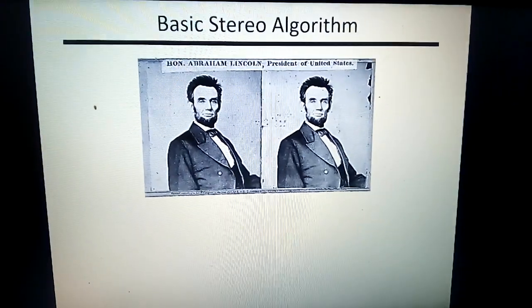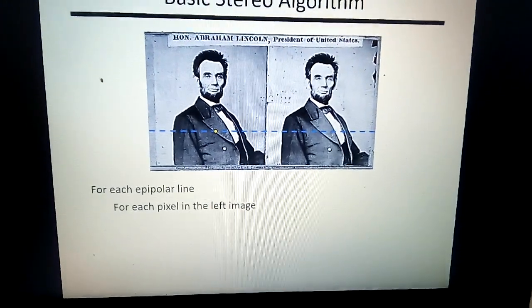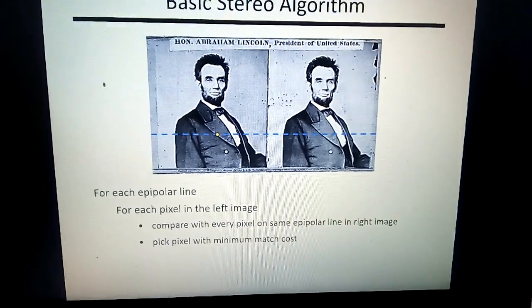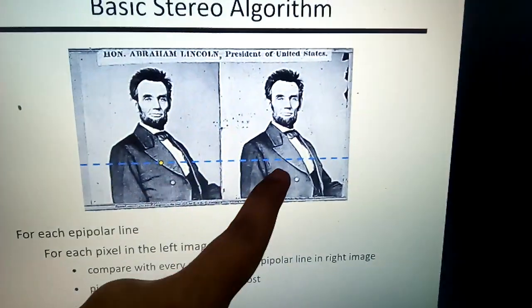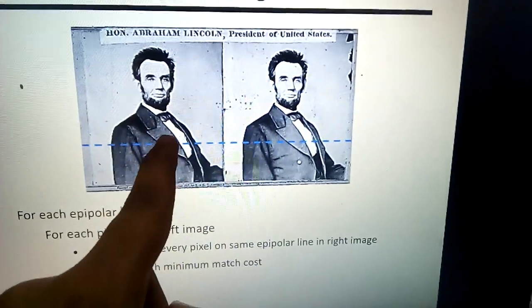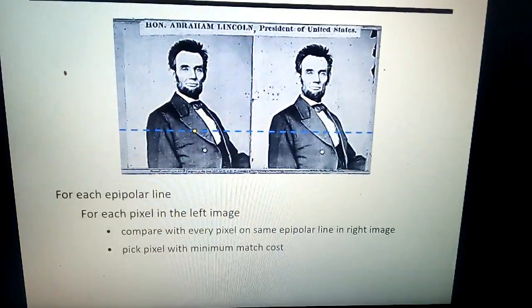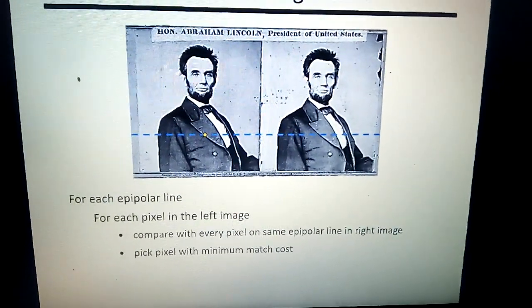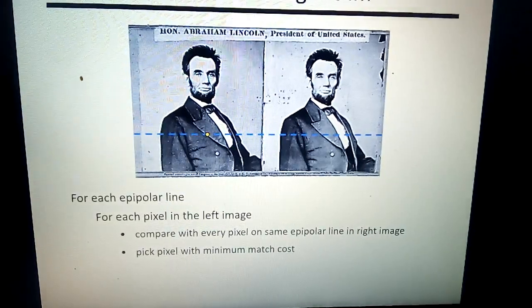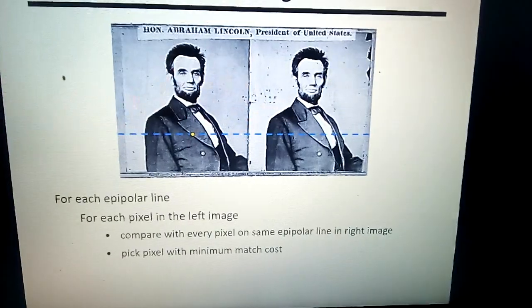Next we are going to discuss the basic stereo algorithm. What we are doing is take this image and take this image. This is the left and this is the right image. Take this pixel, and pick a pixel with minimum match cost, that is the pixel with the minimum difference with this corresponding pixel.